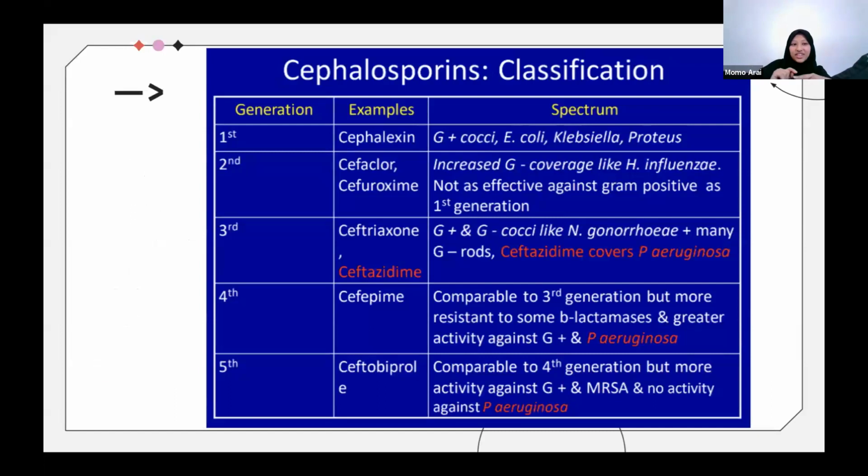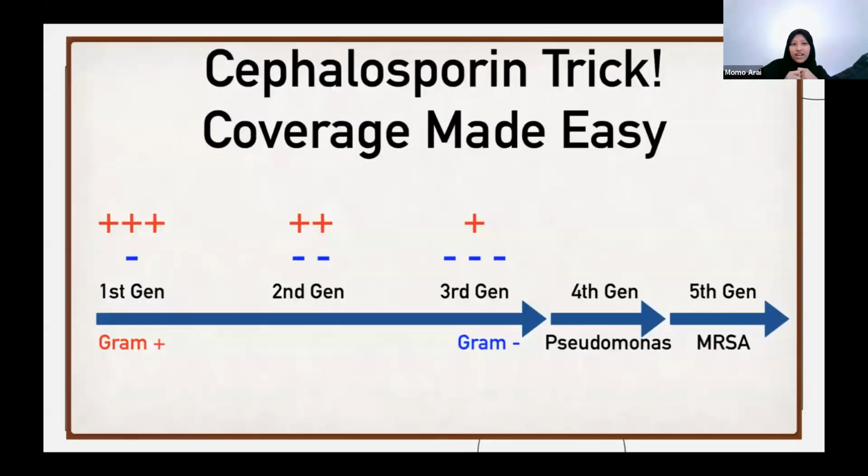Can you go to the next slide? This one is a very general way to memorize the 5 classes. The first three are effective mainly against gram-positive bacteria, with decreasing effectiveness. From third generation onwards, it's mostly gram-negative. Again, the only third generation cephalosporin that's effective against Pseudomonas is which one?